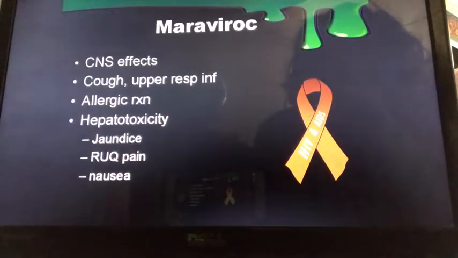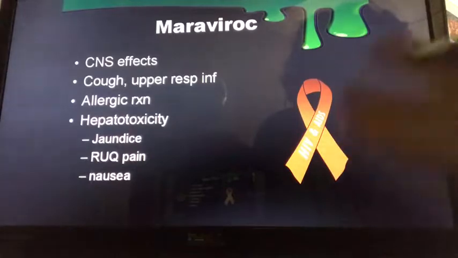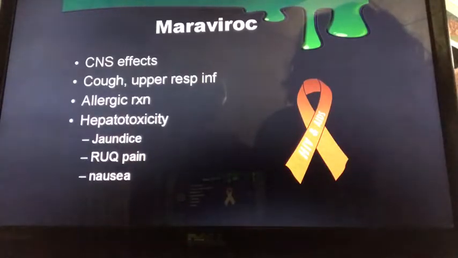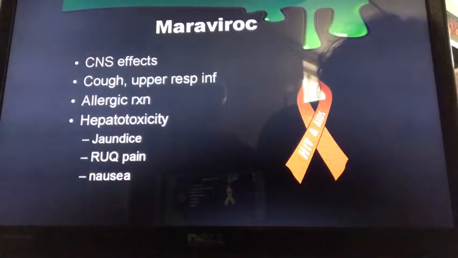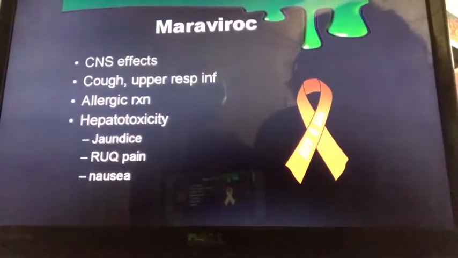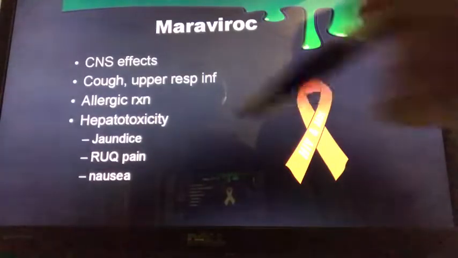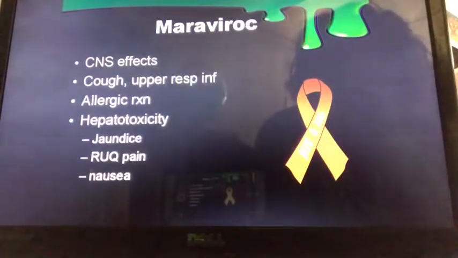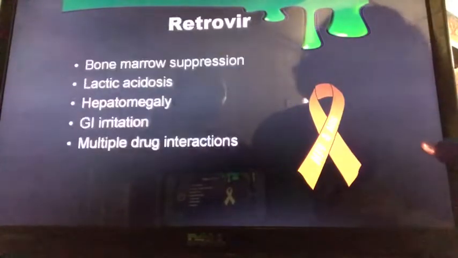Maraviroc. This medication for HIV and AIDS causes a bunch of effects. Most of these HIV and AIDS patients are on medications just to help them survive, these antiretrovirals. It causes CNS effects, cough, upper respiratory infections, possibly an allergic reaction, and a huge hepatotoxicity risk, causing jaundice, right upper quadrant pain, and nausea.